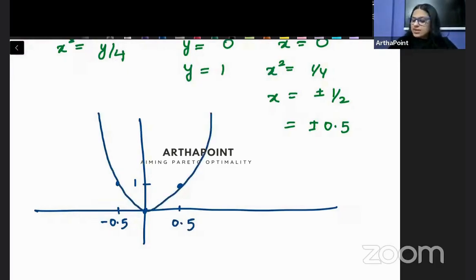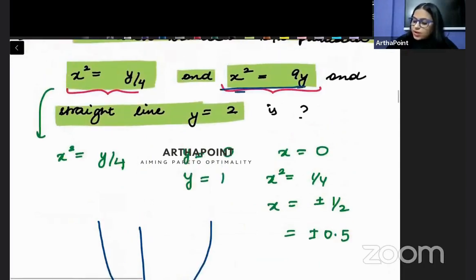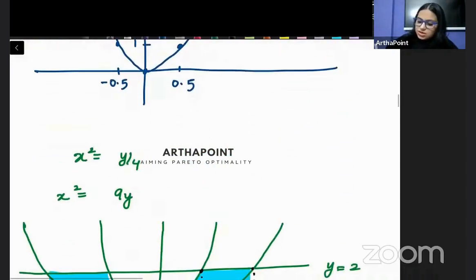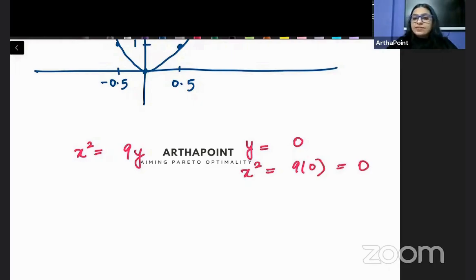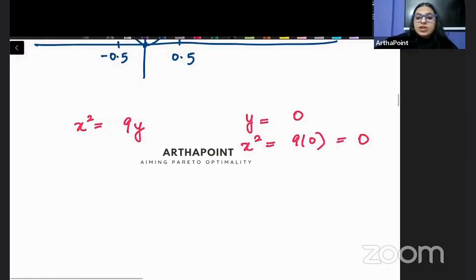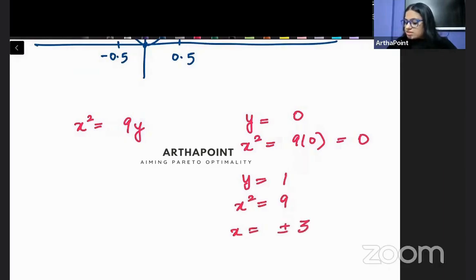Now look into the next curve. Next curve क्या बोलता है बच्चे? x square is equal to 9y. ठीक है जी, let's start with this now. तो इसको जरा वी विल मेक द पॉइंट्स. x square is equal to 9y है. सो व्हेन y is 0, तो x square हो जाएगा 9 into 0, that means 0. व्हेन आई एम टेकिंग द वैल्यू ऑफ y as 1, x square will be 9, so x will be plus minus 3.